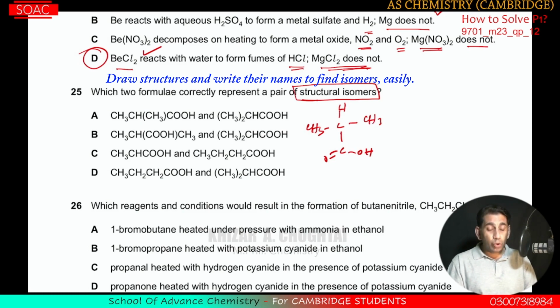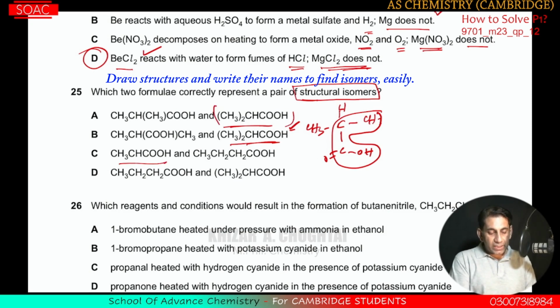Once again, it's 2-methyl propanoic acid. And what about the next one? That is a similar one. Its name is also 2-methyl propanoic acid. So the best tool to diagnose isomerism is nomenclature. Write the structure, give the name, and choose the isomers. This also has the same name as I have drawn in the first case.